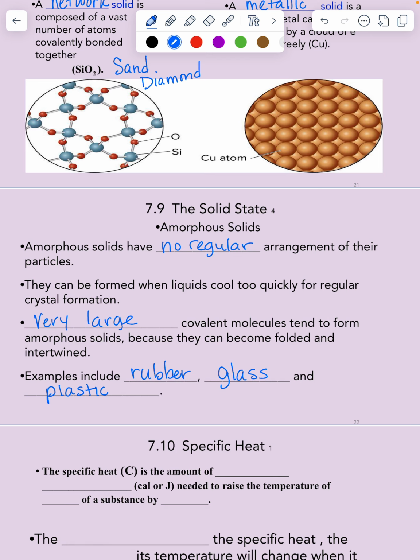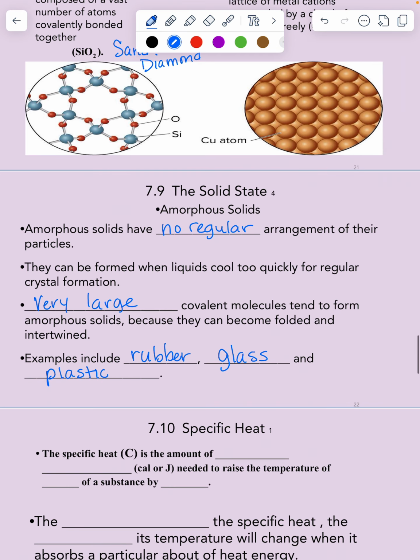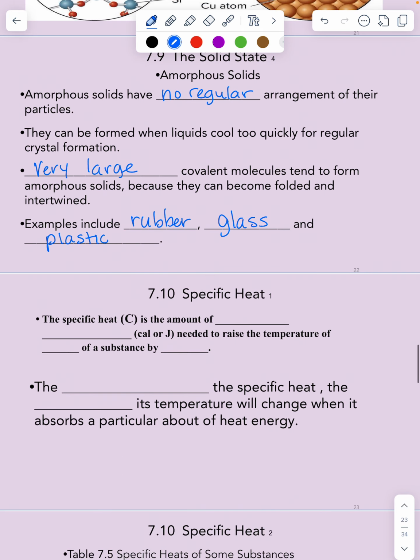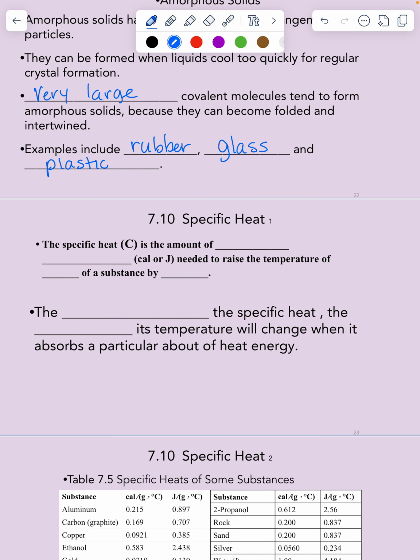All right, let's talk about specific heat for a moment. So specific heat is the amount of heat energy needed to raise the temperature of 1 gram of a substance by 1 degree Celsius.